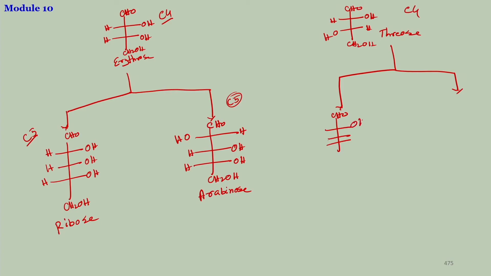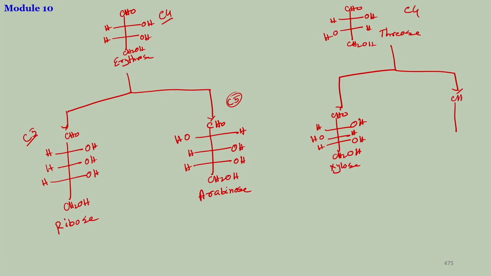So it can be OH, H, H, OH, OH, H, CH2OH, that is your xylose.